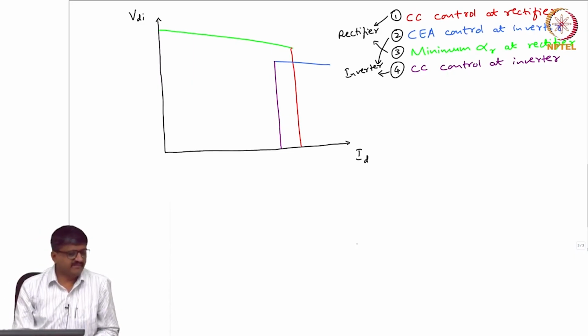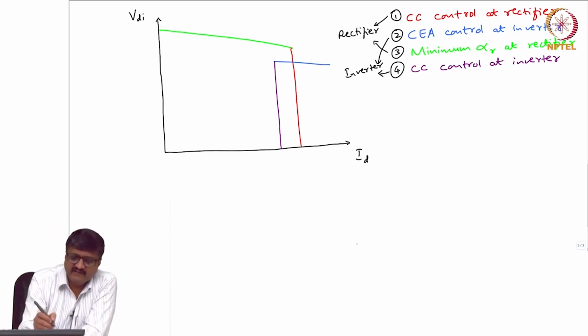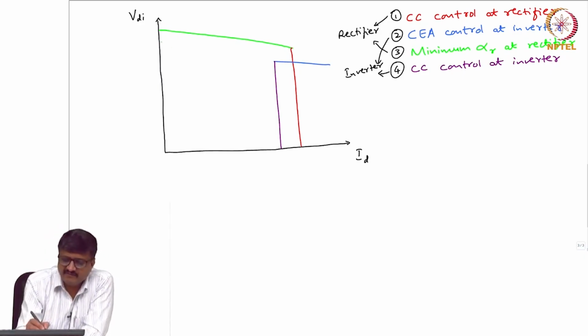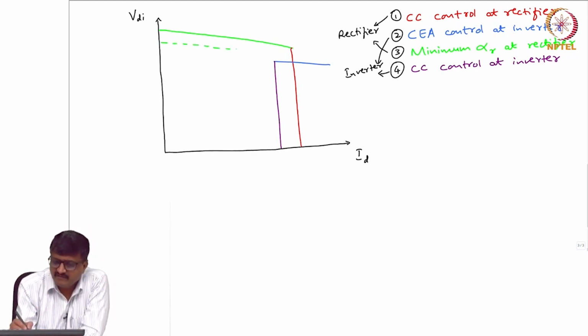Now there can be a problem of reduced voltage on the AC system of the rectifier side, then the green curve can shift down. So the shifted green curve, I will just show it as a dashed curve.